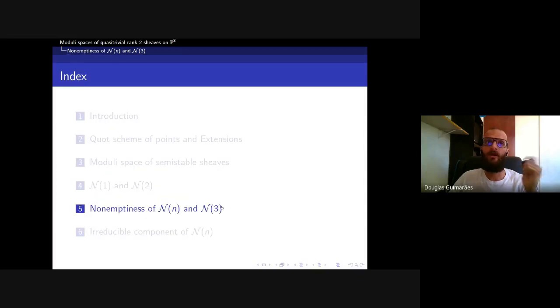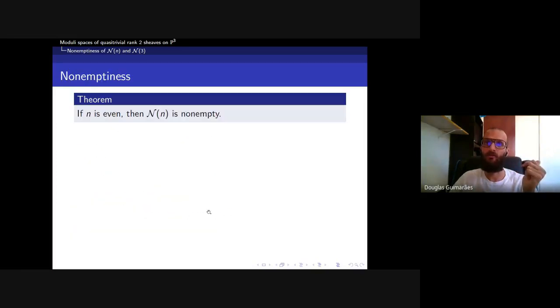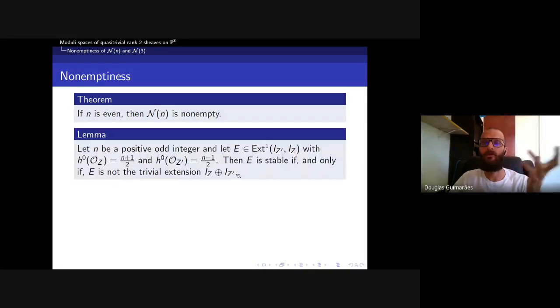So next, we show that Nn is always non-empty, and we can study N3. First, we do it in two separate cases. If n is even, we can always construct a sheaf inside here and show that it's non-empty. But I'm doing this section because I need this lemma to study N3. And this lemma is important to construct a sheaf for the n-odd case.